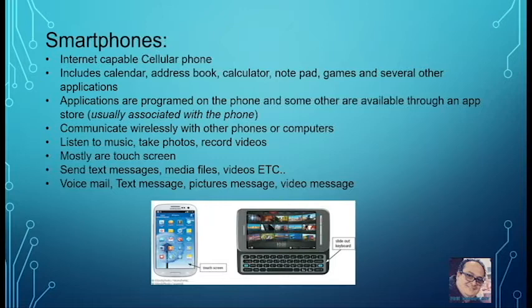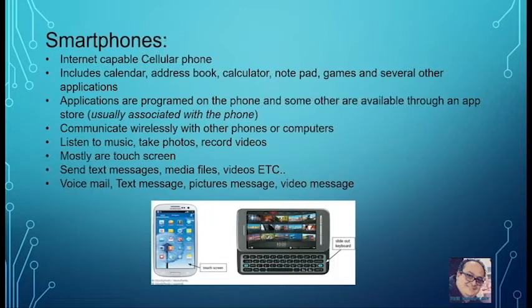For example, if we have an Android phone, it comes with some applications like address book, calendar, text message, and taking pictures. And there are a lot more applications that we can download from Google Play. They communicate wirelessly with other phones and computers.